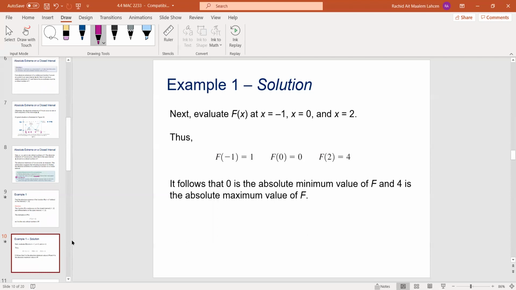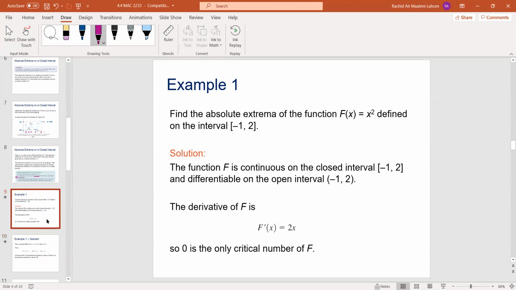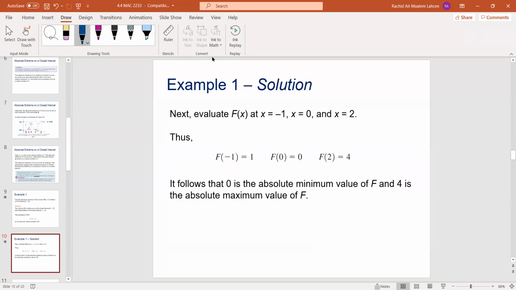The derivative of f is 2x, using the power rule. So if we look at the critical value for 2x, let's look at the interval -1, 2. Let's not forget that we're working with this function over this interval, and we find the critical point or critical value at x equals 0.